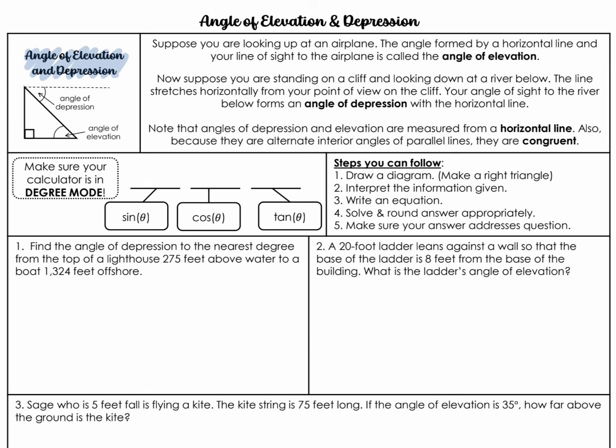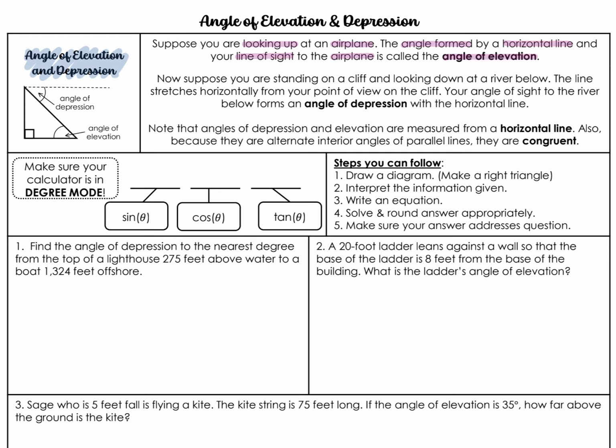Suppose you are looking up at the airplane. The angle that's going to be formed by a horizontal line and your line of sight to that airplane is what we call the angle of elevation.